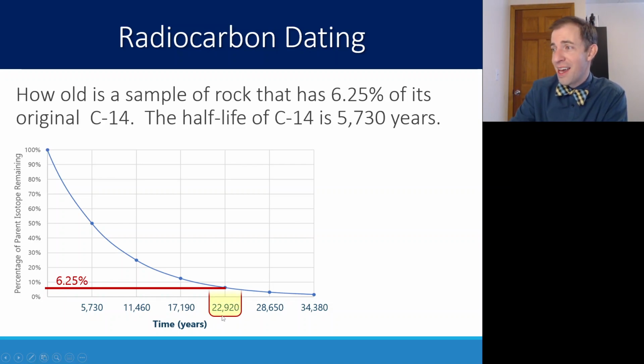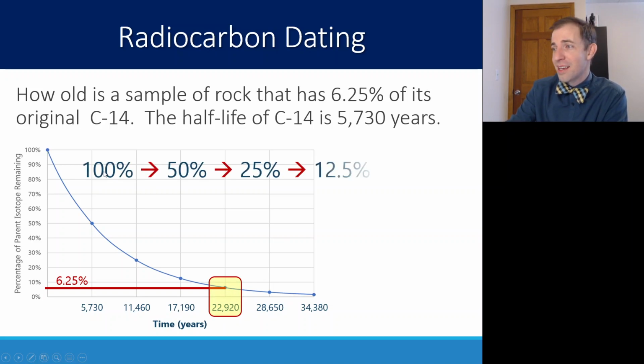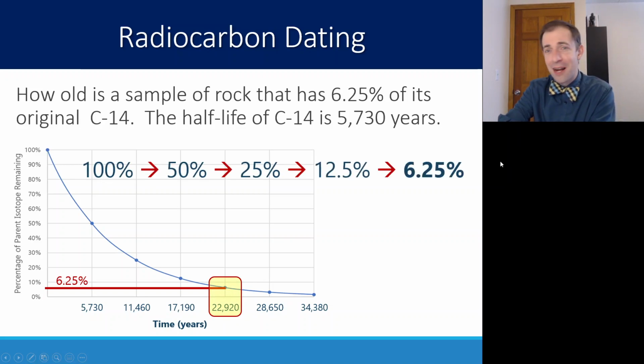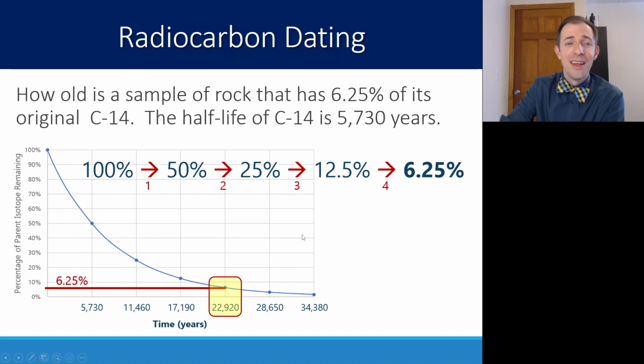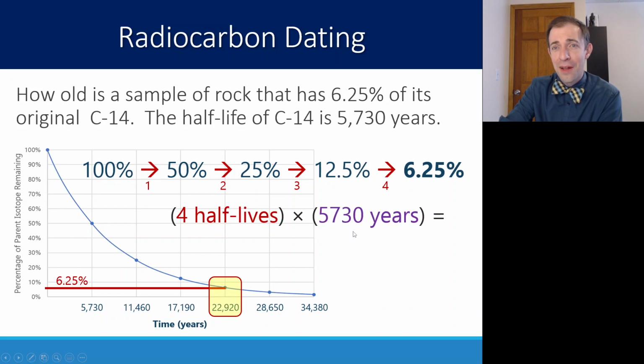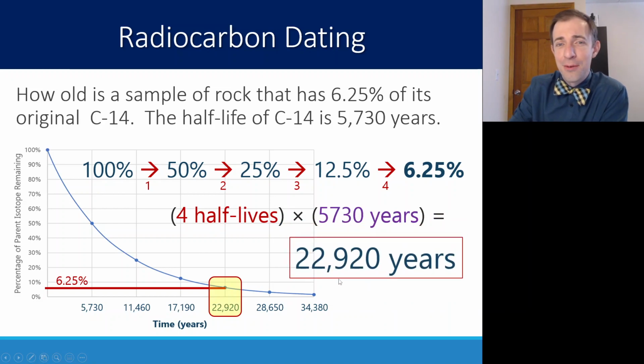Another way that we could look at that is just saying, okay, 100 went all the way down to 6.25. To do that, we had to cut it in half 4 times. Well, 4 times that total half-life gives me that 22,920 years.